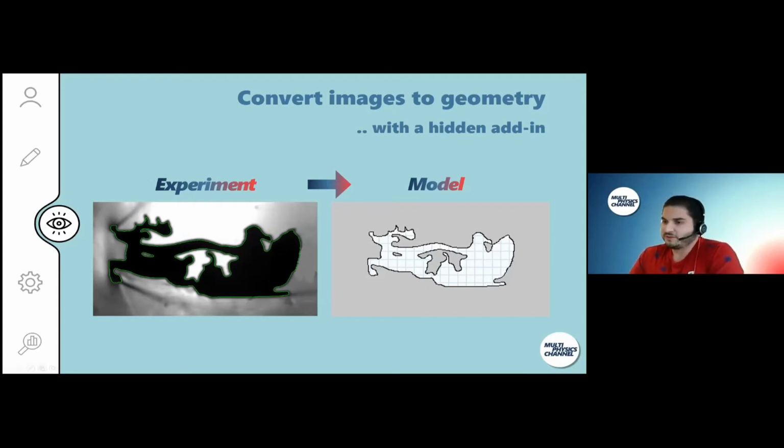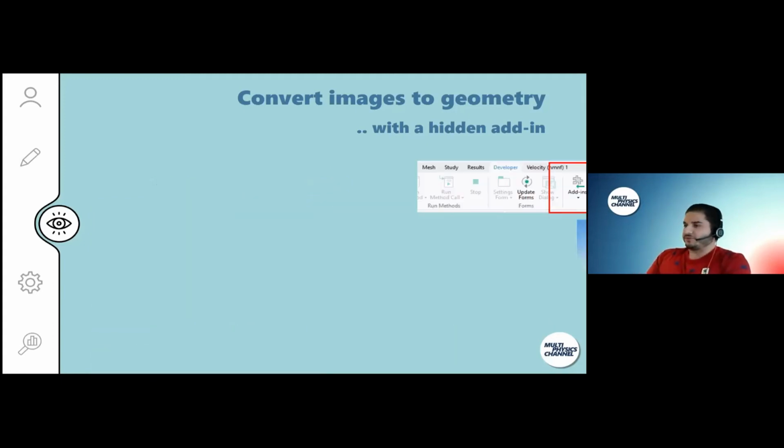One way to convert geometry like this into a model could be a quick and dirty tracking of the points, where you would have to click along the line, and at the end you would get a text file with X and Y coordinates. But there is an easier way to do so.